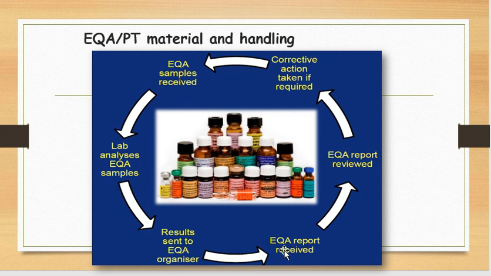The EQA report is received by the lab participant, who needs to review the report and then take corrective action if there is any problem with the test performance. And the cycle will go on and on as long as you participate in the EQA.